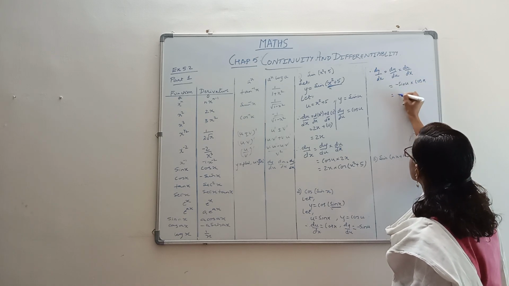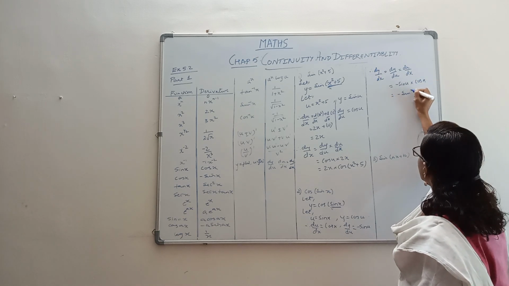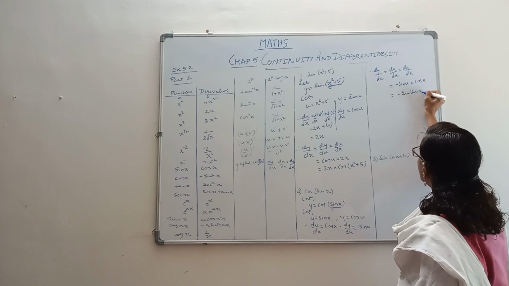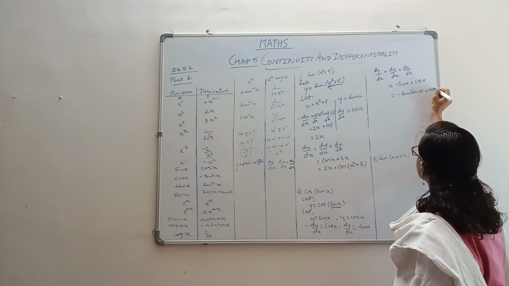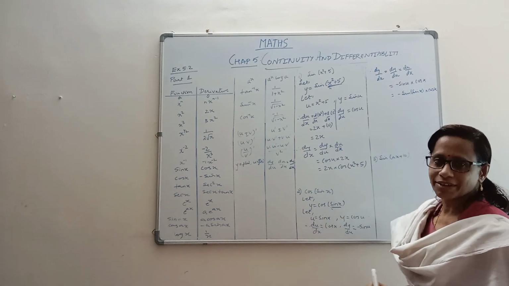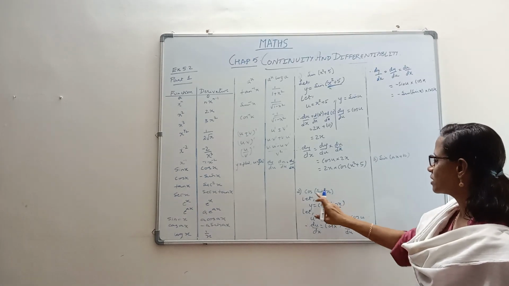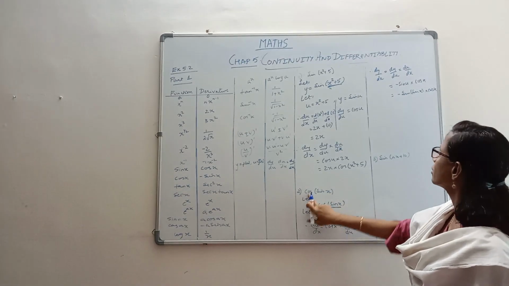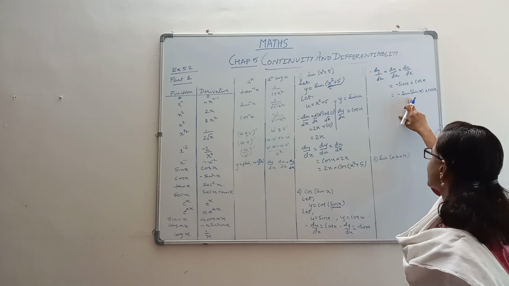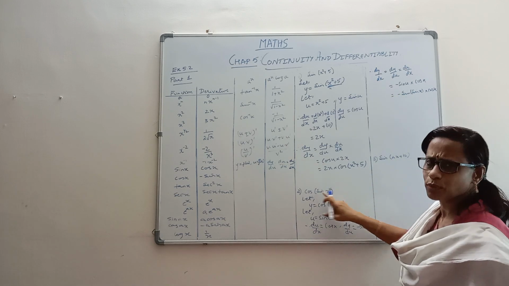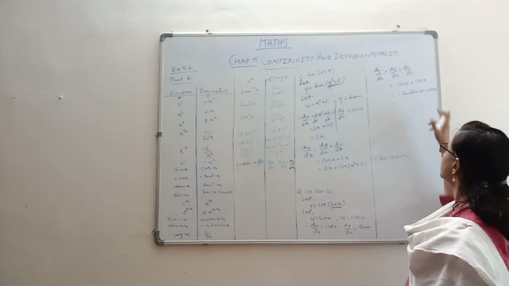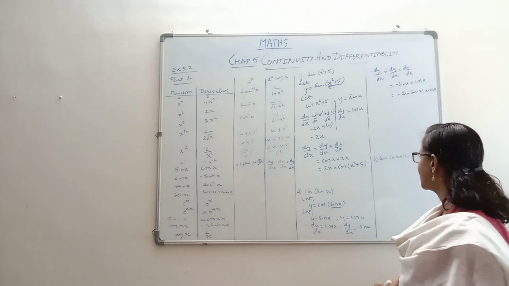So it is minus sine u, for us it is sin x, into cos x. That's our derivative, right? In some sense you can get it directly from here. Cos's derivative is minus sine of sin x, and because we have one more sin x inside, we should account for it. So that becomes cos x.